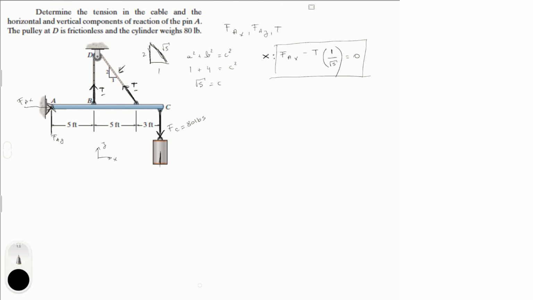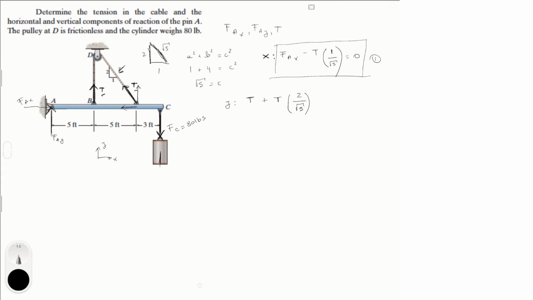So we have our first equation. We need three equations because we got three variables. In the y, we got one tension going up, which is this tension right here, plus another tension going up, but this tension has a y component. This is the y component of this tension. This is the x component of this tension that we calculated before. This y component is equal to T times, according to the triangle that we just drew, 2 over square root of 5.